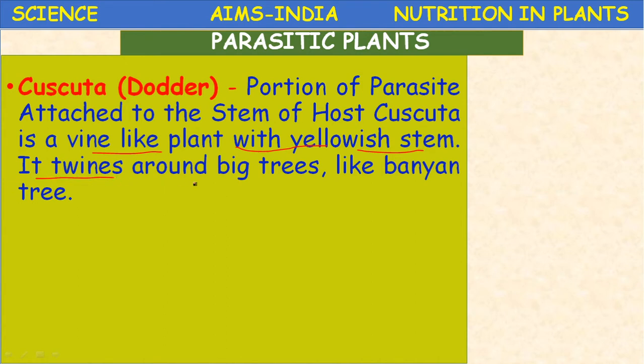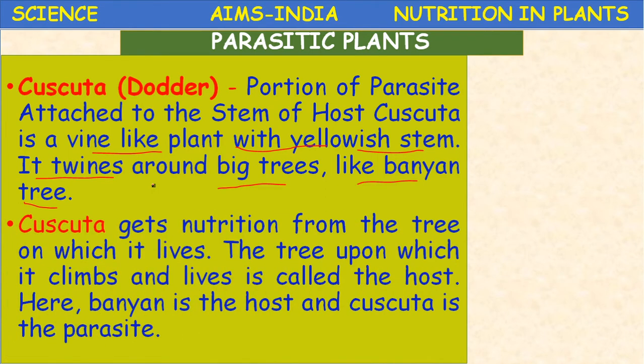Weak stemmed plants twine around big trees like neem or banyan. Very big trees. The hosts of this Cuscuta are large trees. The Cuscuta gets its nutrition from the tree on which it lives. The tree upon which it climbs and lives is called the host.